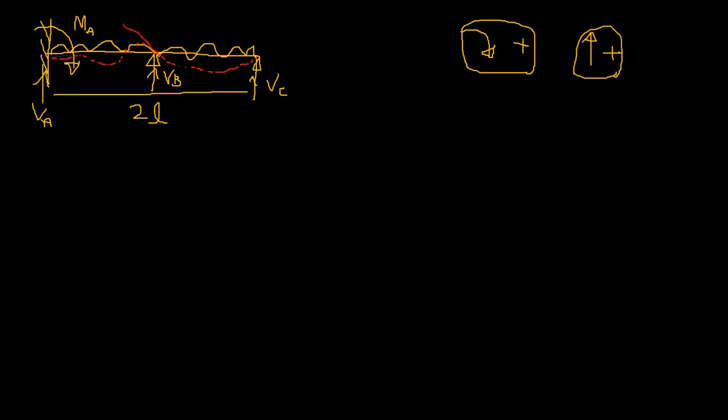If you draw a tangent, this would be theta B, let's say. This is theta C, let's say. Okay, so if you find theta B, it's completely equal to this theta, right?